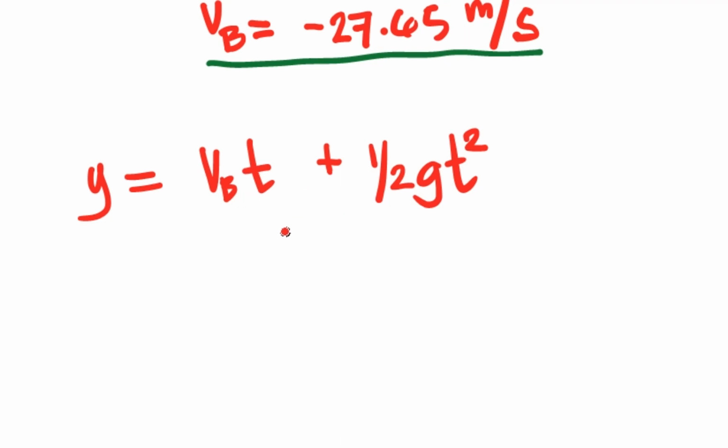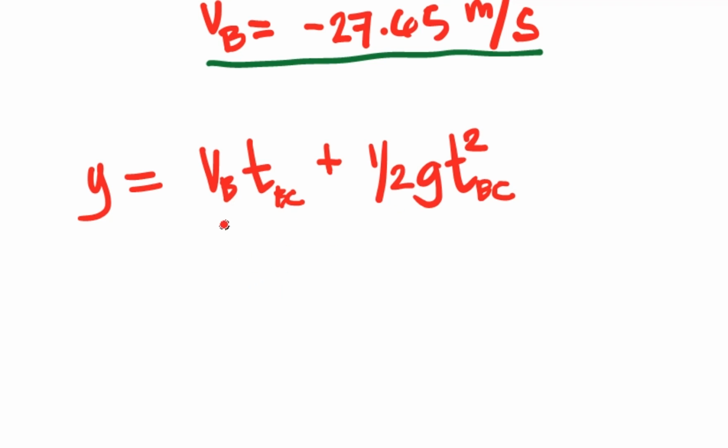This came from our equation y is equal to v initial t plus 1/2 g t squared. Again, g is acceleration due to gravity, and this t is your time BC, which is also the required time for the engineer to move away.